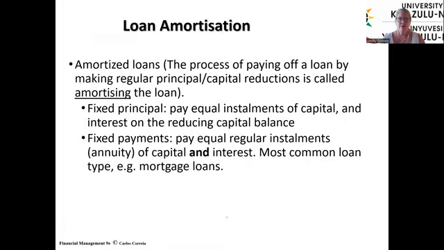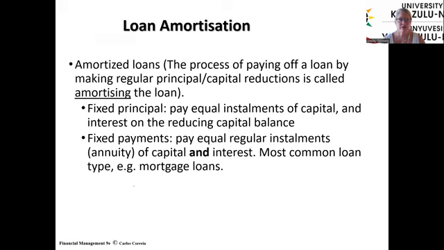So the last thing I want to teach you about today is loan amortization. Now, the process of amortizing a loan is when you pay it off by making regular principal or capital reductions. So it can happen in two different ways.